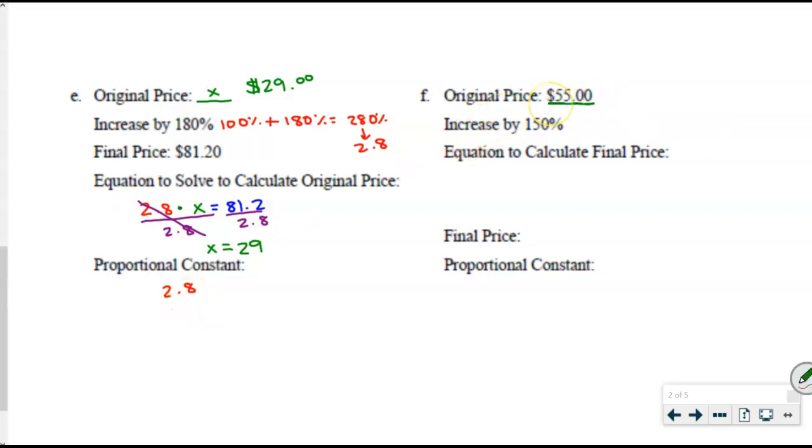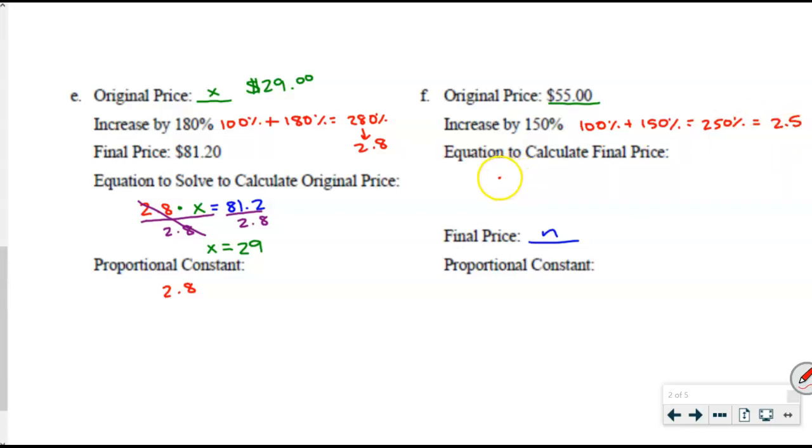This time we know the original price, and this time it's the final price that we don't know. So the final price is what's going to be the variable. I'm going to go back to N for that. An increase of 150%, that means 100% plus 150% is equal to 250%. I will be calculating with 2.5.